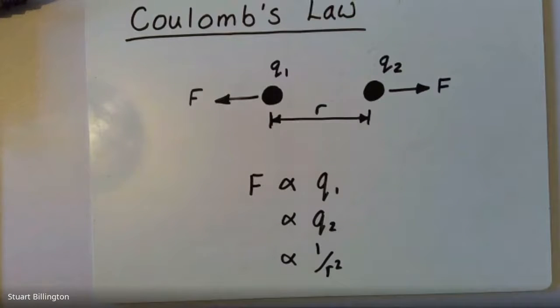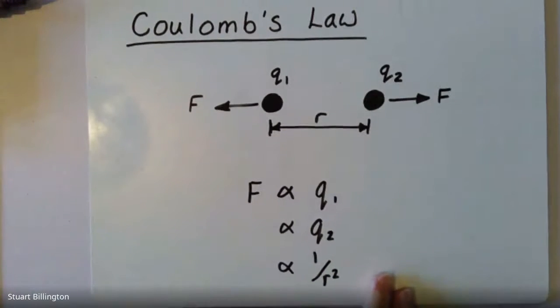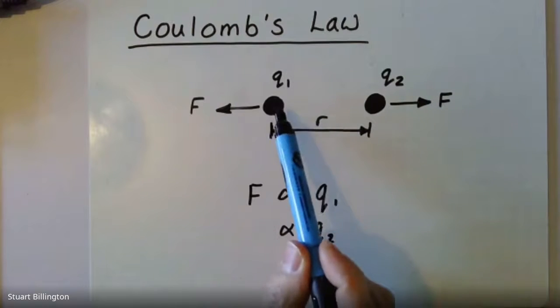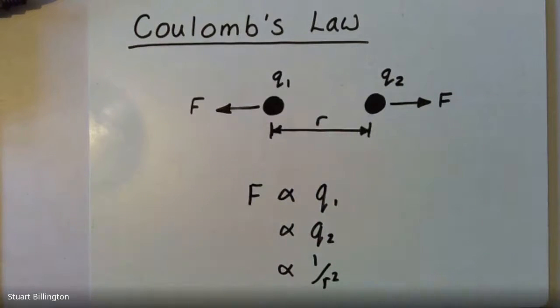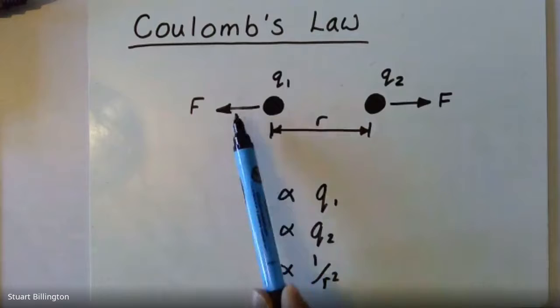The difference between this and gravity at this stage is that these were attractive forces when we were talking about gravity, but now this is a repulsive force. And so, yes, there is a similarity with gravity in the form of the equation, but also a distinct difference in that this force is a repulsive force.